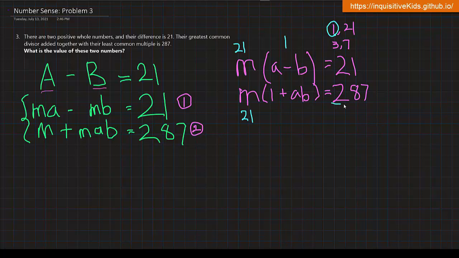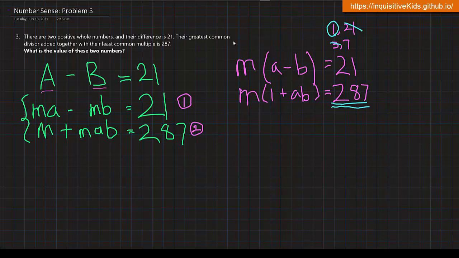But 287 is not a multiple of 21. So M can't be 21. If M was 3, then a minus b would have to be 7, and the M over here has to be a 3 too. But 287 is not a multiple of 3, so we can't do M equals 3.